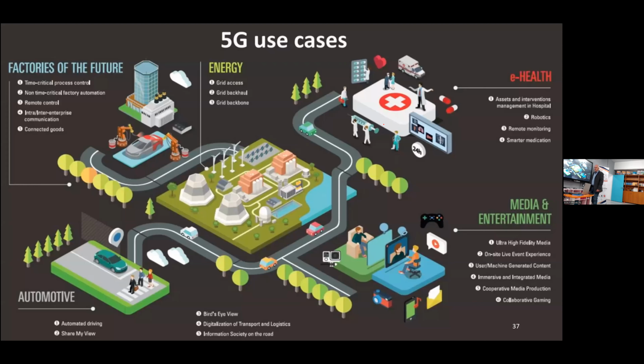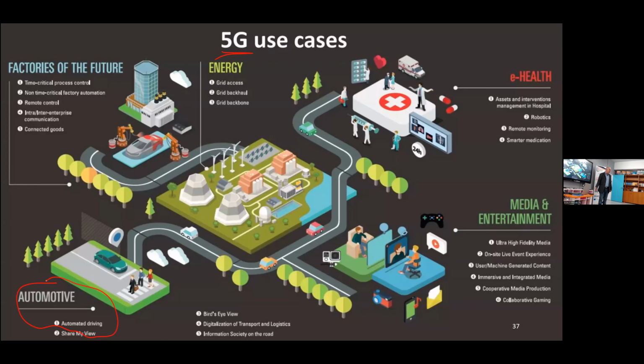One of the things that will move the Internet of Things forward, they consider 5G, and it will help the automotive industry, especially 6G. They say that it will help for autonomous cars.